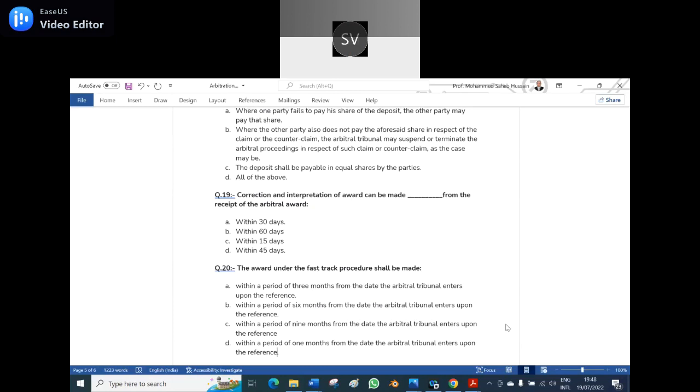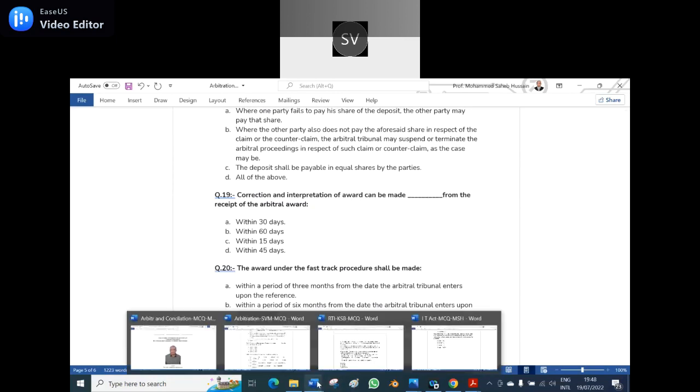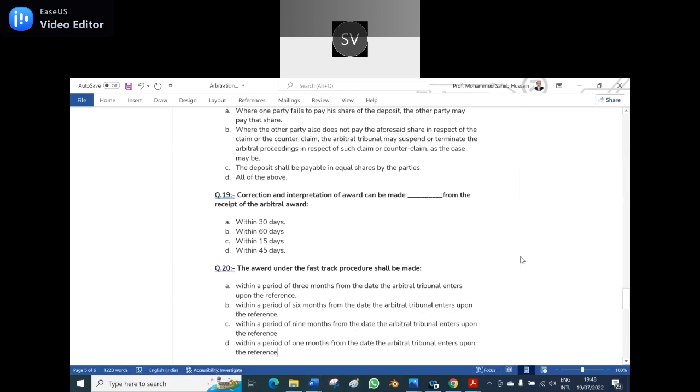The award under the fast track procedure shall be made: Option A within a period of 3 months from the date the arbitral tribunal enters upon the reference. Option B within a period of 6 months from the date the arbitral tribunal enters upon the reference. Option C within a period of 9 months from the date the arbitral tribunal enters upon the reference. Option D within a period of 1 month from the date the arbitral tribunal enters upon the reference.